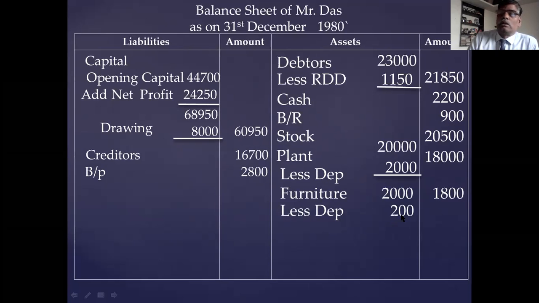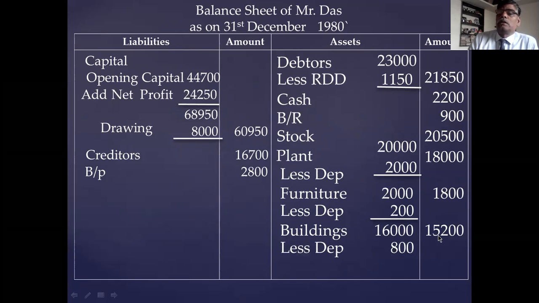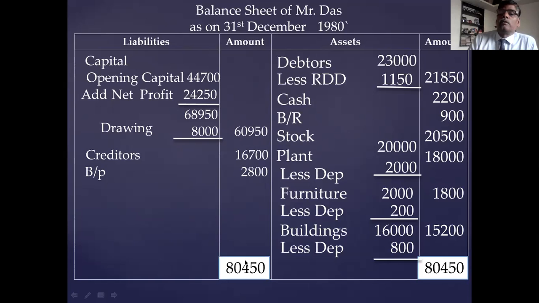Balance is 1,800. Okay, next you take building less depreciation 800. Balance is 15,200. Okay. Now you take the total. Total is 80,450.